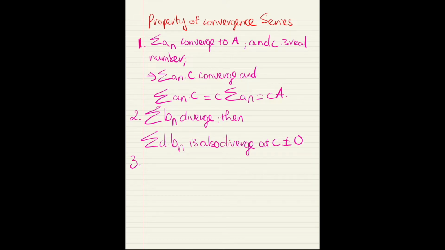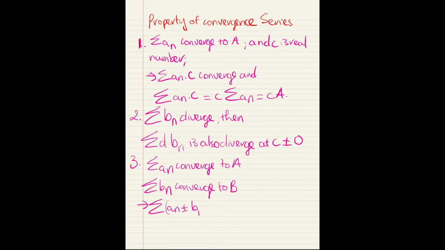The third property is that if the series of a of n converges to a and the series of b of n converges to b, then the series of a of n plus or minus the series of b of n converges, and this equals the series of a of n plus or minus the series of b of n, or it equals a plus or minus b, which are these values.